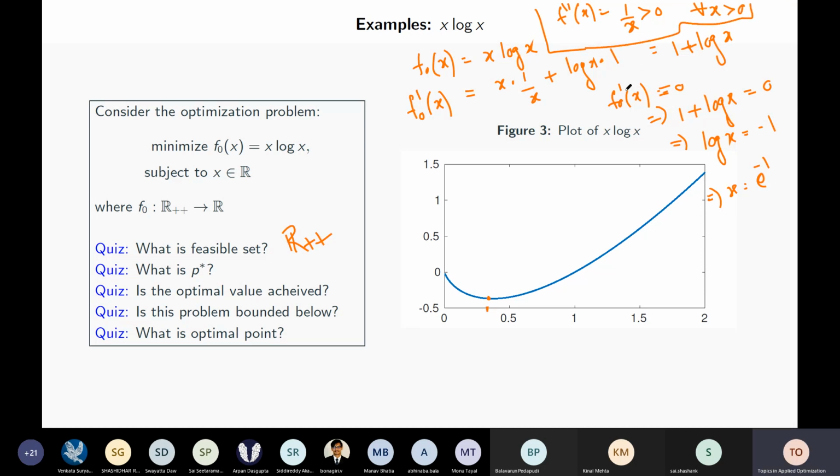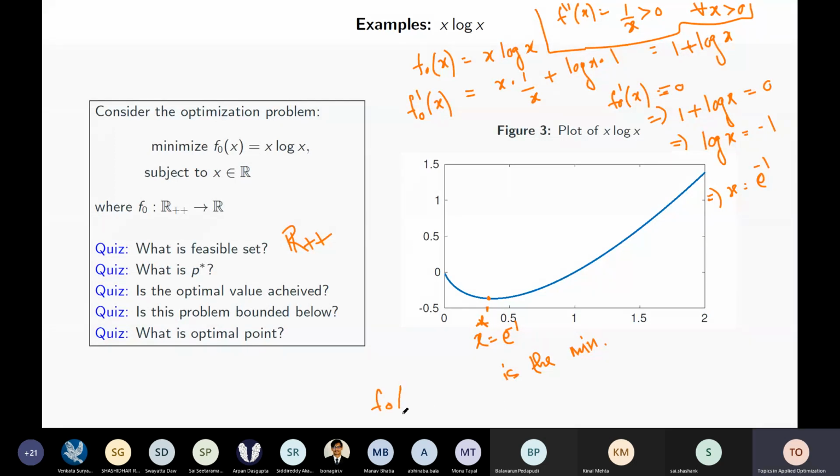So this implies that x equals e to the minus 1 must be the minima, the minimum. And for this, we have to compute p star, because p star is the function value at x star. So this is our x star.